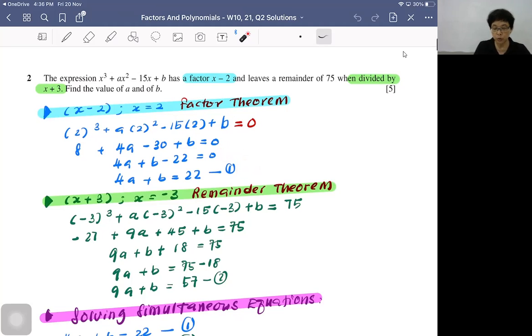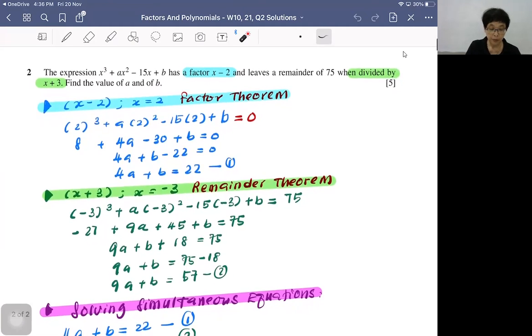As for me, I usually prefer to have all the unknowns on the left-hand side of the equation and the constant on the right-hand side. We are going to use this later in the simultaneous equations to get the values of a and b.